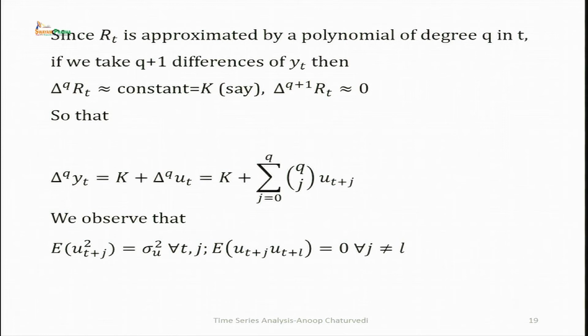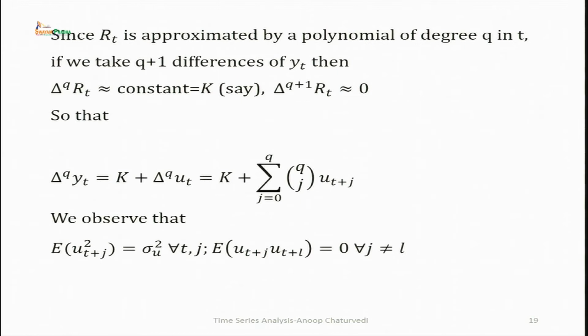Now, since you have approximated r t by a polynomial of degree q in t, if we take q plus 1 differences, delta q r t is approximately equal to constant, and delta q plus 1 r t is approximately equal to 0. So, after taking q plus 1 differences, it becomes 0, and after taking q differences, it becomes a constant.